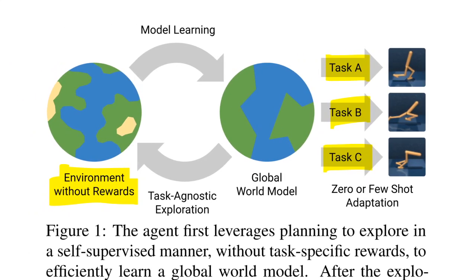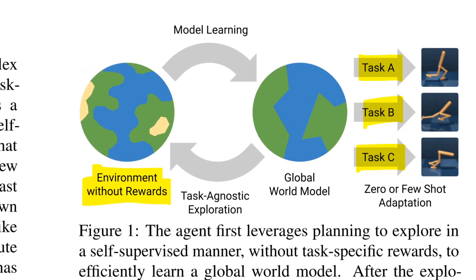So how fast the agent can adapt to these individual tasks very much depends on what it has learned during this phase where there were no rewards, right? So the agent is tasked to just explore the world via what they call here task agnostic exploration, to learn something about the world in order then to generalize to these tasks.